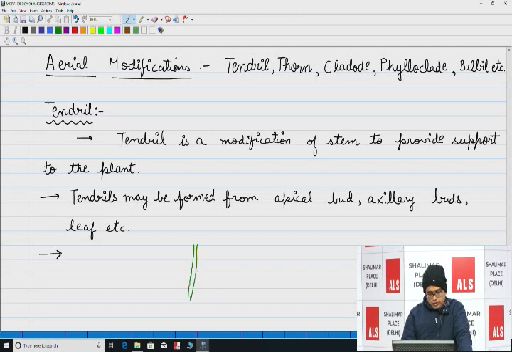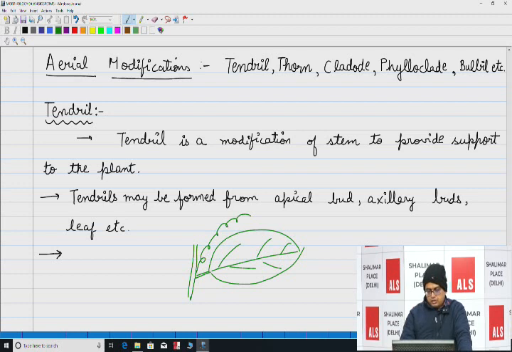I hope you have written it. Yeah, I hope my speed is not too fast for you to draw diagrams and all that. So what can happen is tendril can come from this part. Tendril can come from apical part like this.